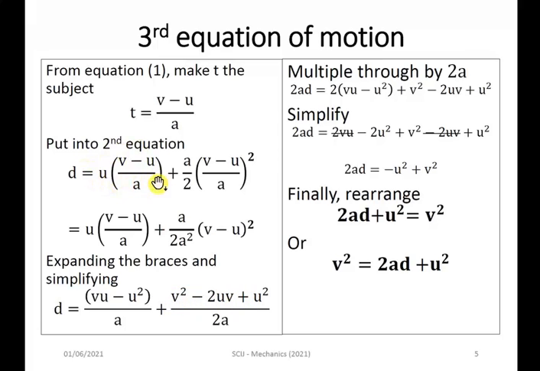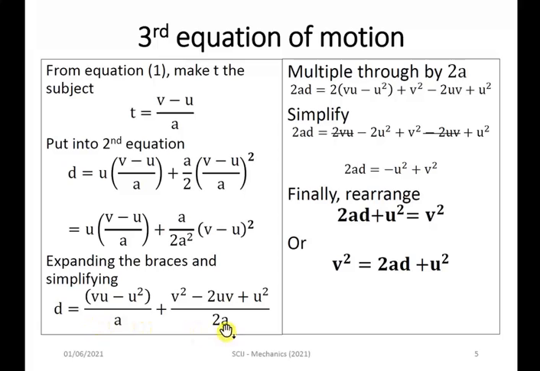Now when we come to this side also, we have v minus u all over a. We can expand this one by multiplying the uv multiplied by negative u, again multiplying negative u here, we get negative u squared here, or in brackets, and divided by a.